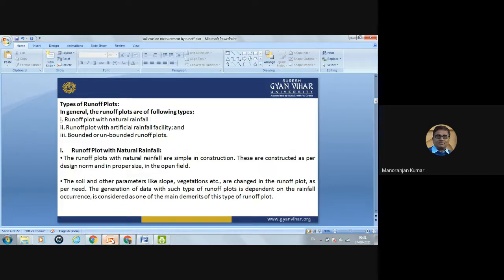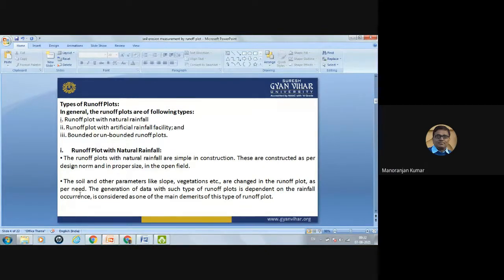Because rainfall does not occur all over the year, people make an artificial rainfall facility. That artificial rainfall facility is known as a rainfall simulator. It resembles a natural rainfall. Third is bounded or unbounded runoff plots.